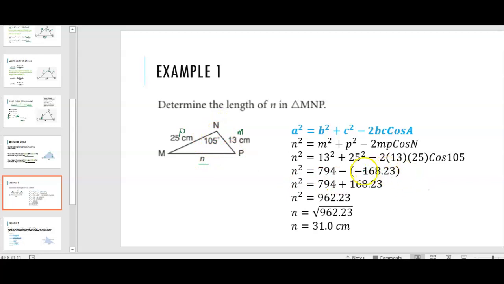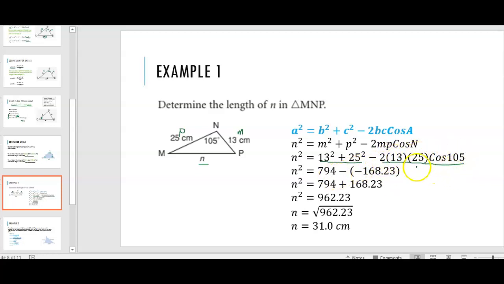Okay, so substituting the values: N squared equals 13 squared plus 25 squared minus 2 multiplying. Whatever values you have here, you multiply them without the square, and multiply by the cosine of the given angle. I suggest that when you put this in your calculator, you will know by now if your calculator works forwards or backwards, you put these two values first, and then these two terms together.